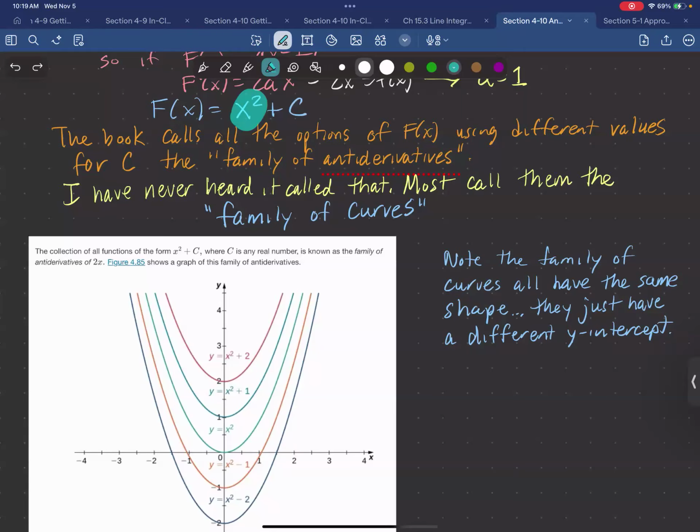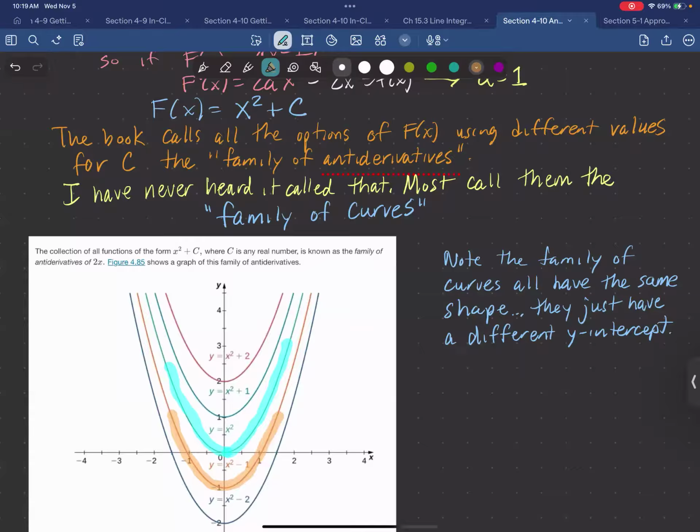So my basis graph is just x squared right here. You know what? Let's make this a smaller one like that. So it's a little tiny one like this. But if I do x squared minus 1, I've got a curve that's this exact same curve, it's just down 1.